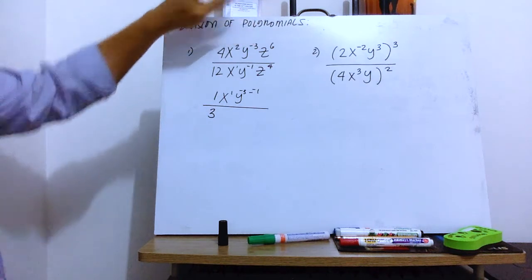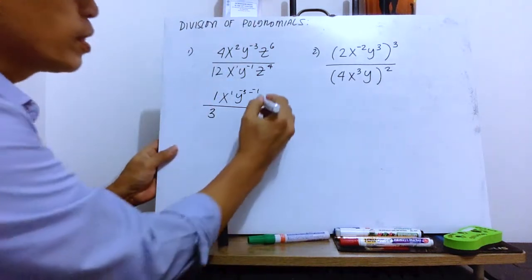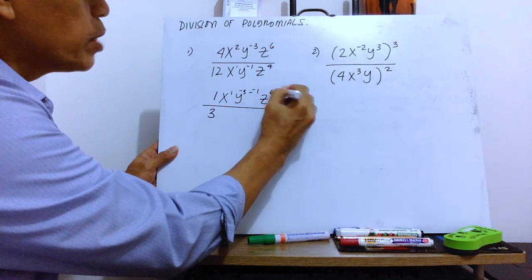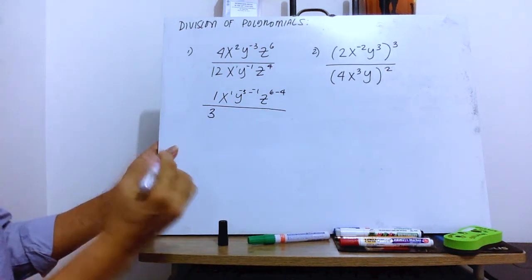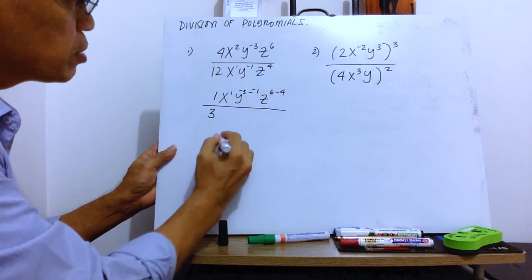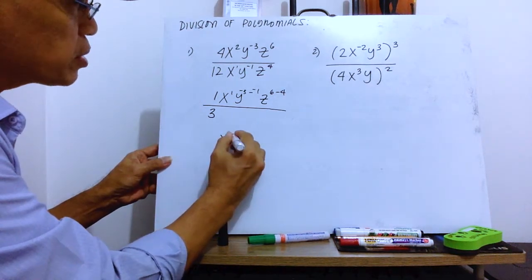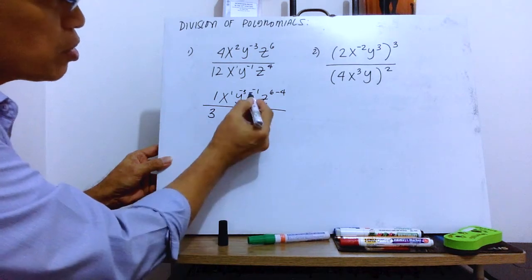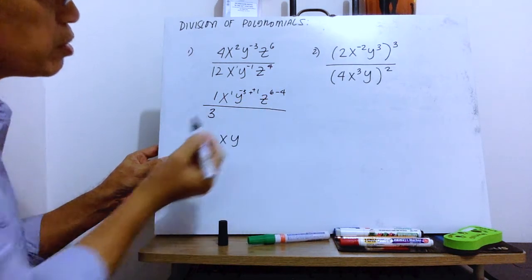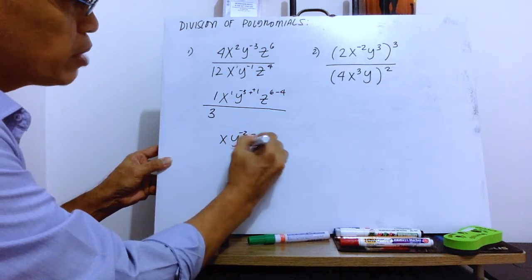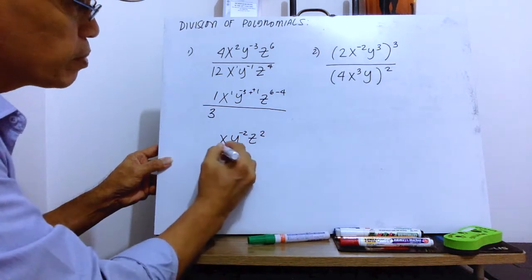And for the z, we have 6 minus 4. All right? So this becomes, let's remove the 1, it's already implied. So x, then y, we change this to addition. So it becomes negative 3 plus 1, so that's negative 2. And then your z is positive 2, all over 2.